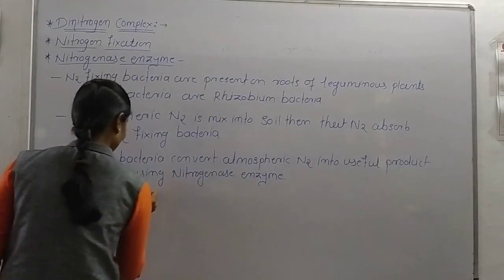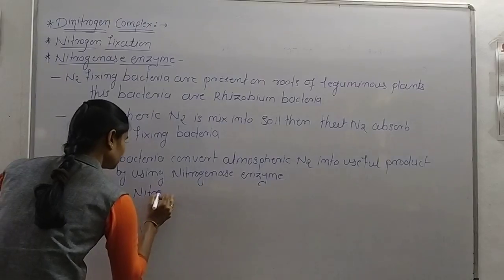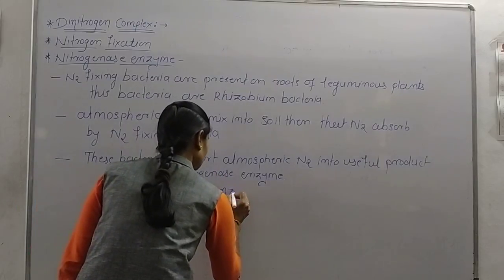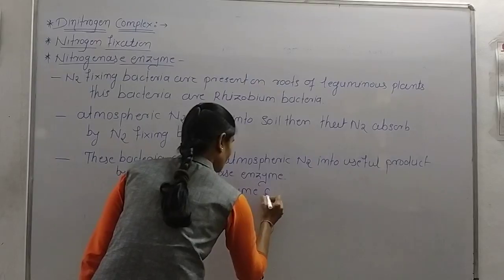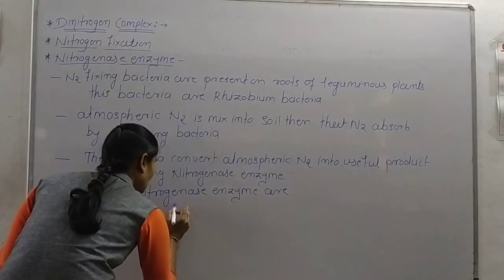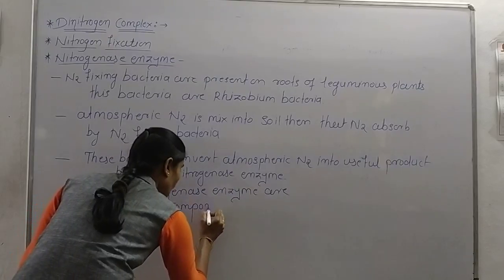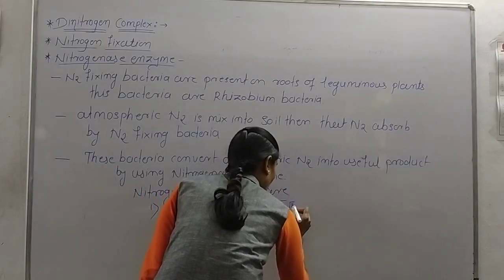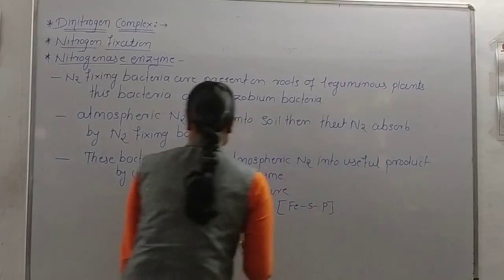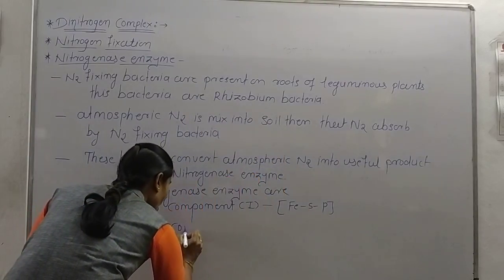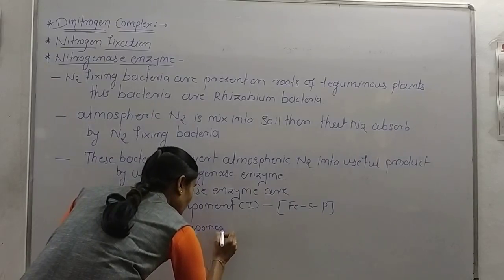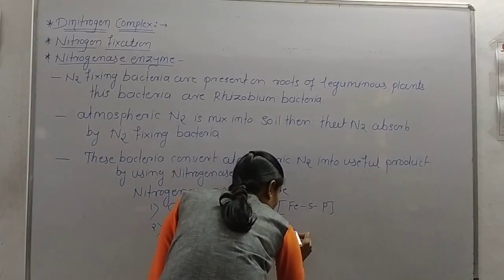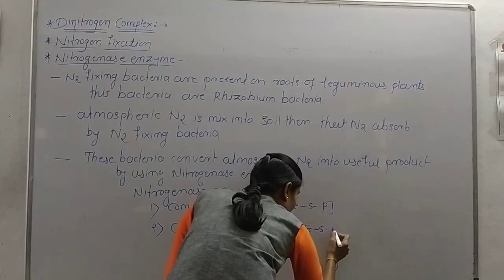These nitrogenase enzymes are component 1, which is the iron sulfur protein, and component 2, which is the molybdenum iron sulfur protein.